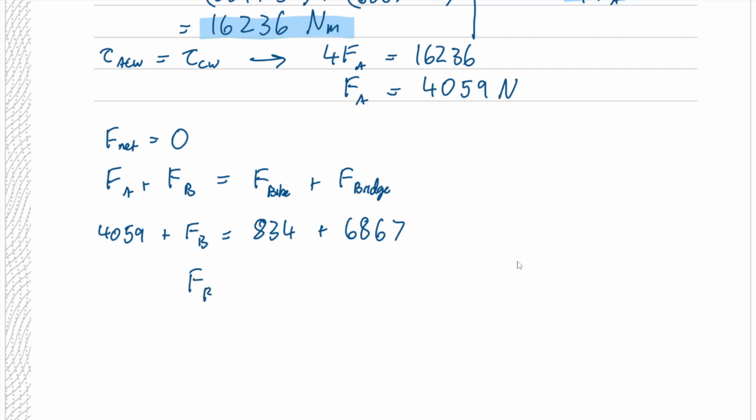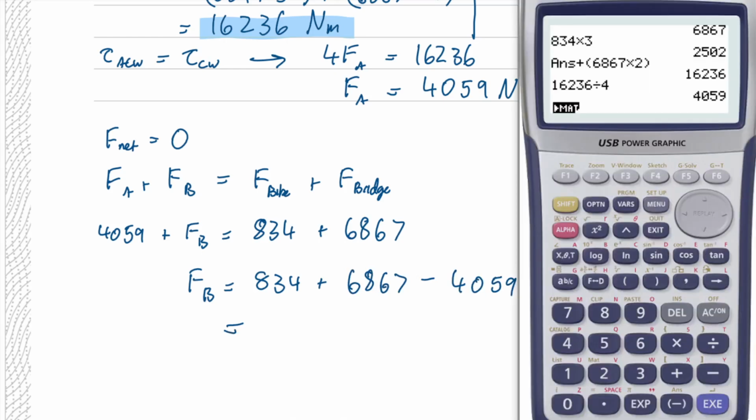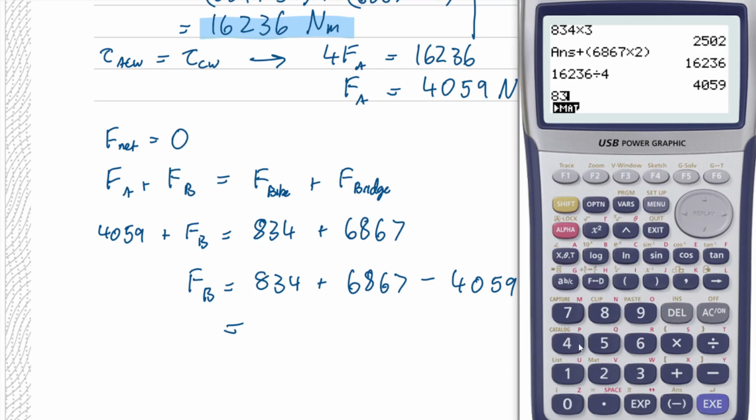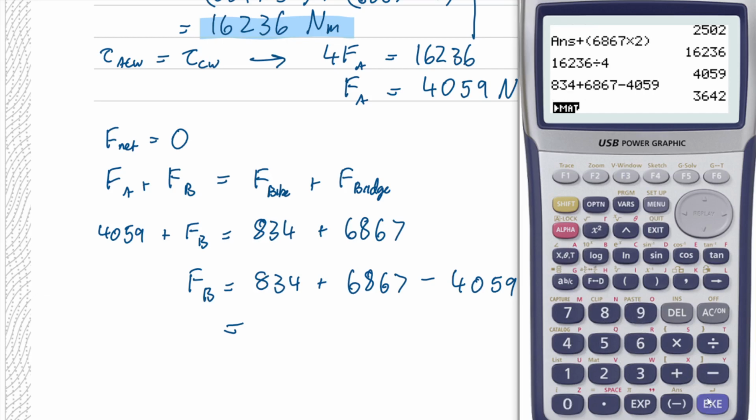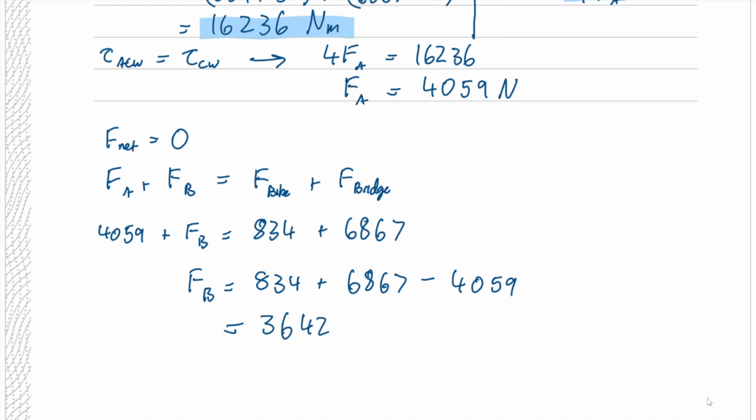So FB equals 834 plus 6867 minus 4,059. Can compute that on our calculator, to give 3,642 newtons. Whew, that was a big one.